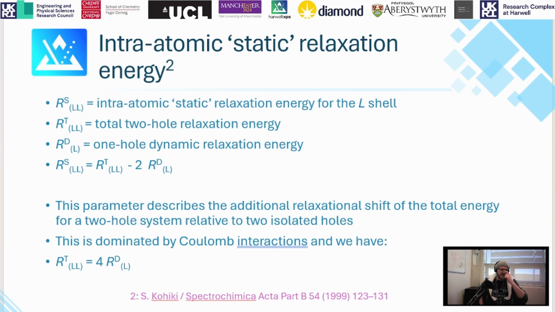That will crop up again later when we talk about how we extract some more quantitative information from our Auger parameter shifts and how we can get some more of the individual energetics out from an Auger parameter shift.